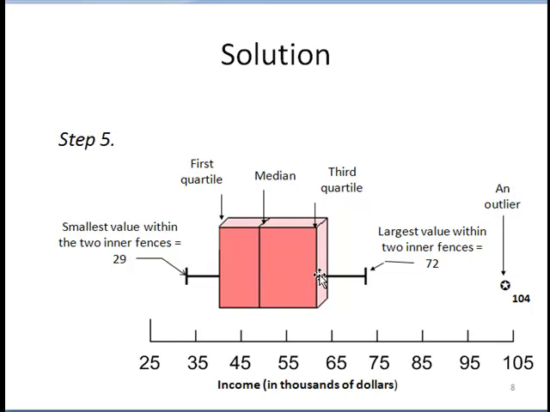Then draw a similar line connecting the upper end of the box to the maximal value within the fences, which in this case is 72. These are what I refer to as the whiskers of the box. Finally, plot any outliers as single points. In this case, we have one outlier of 104.